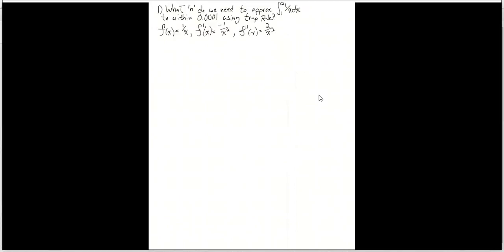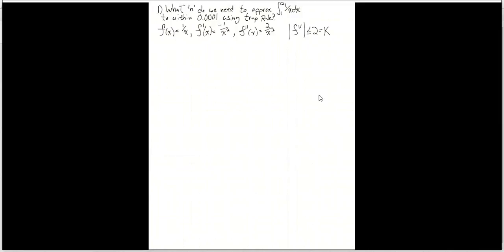When x is 1, this is the largest that this thing is going to be, which is 2. So we can say that the bound on the magnitude of the second derivative is 2, and this is equal to k.